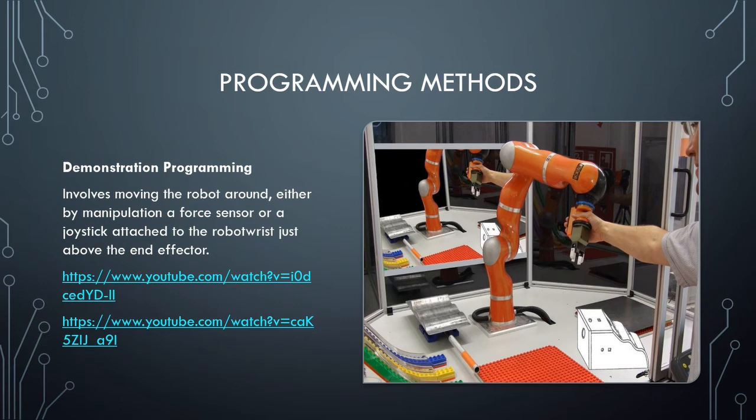So instead of slowly moving the robot to a point with a teach pendant, or trying to get it to a point with offline programming and then having to adjust, in demonstration programming, you can just move the robot to the exact point that you need it, and then it's recorded, kind of similar to a teach pendant.